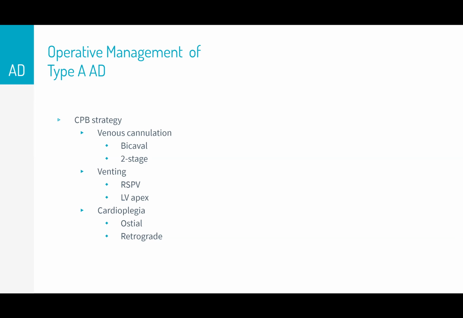or peripheral, and which type of peripheral cannulation you prefer. Axillary cannulation has the advantage of giving you access to do an antegrade cerebral perfusion while you are in hypothermic circulatory arrest if you are doing the hemi-arch.